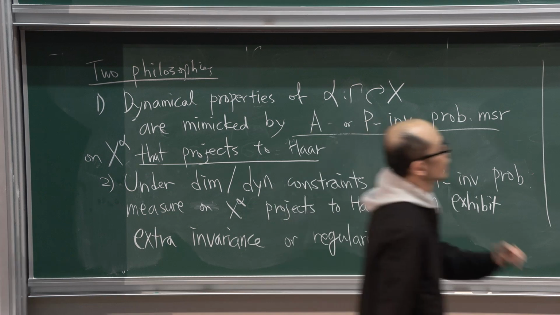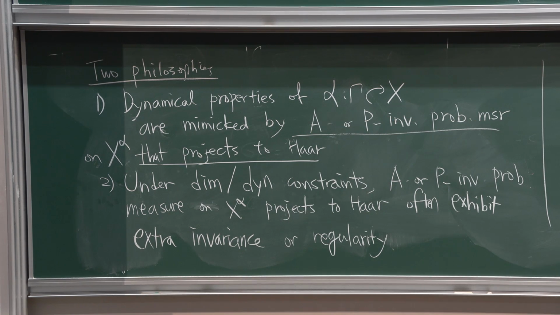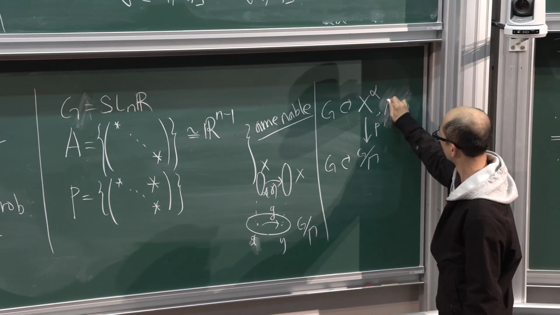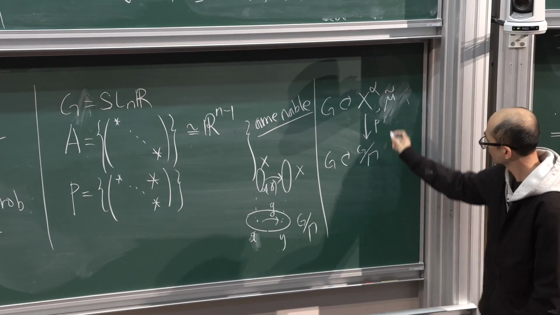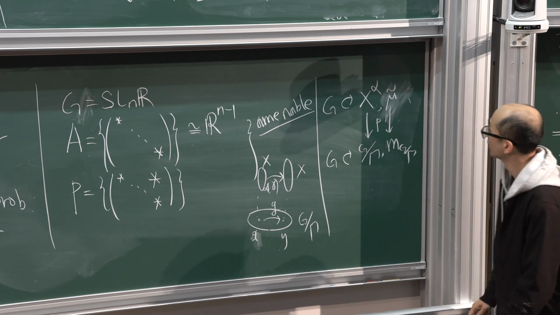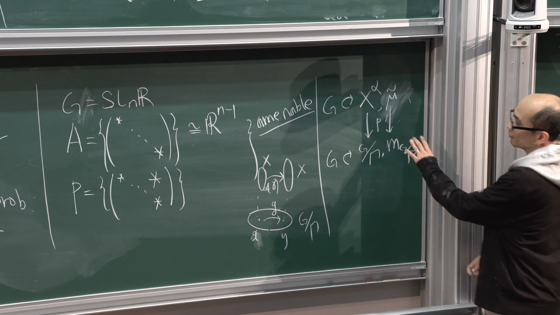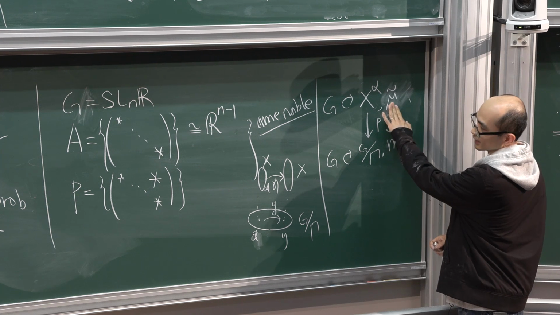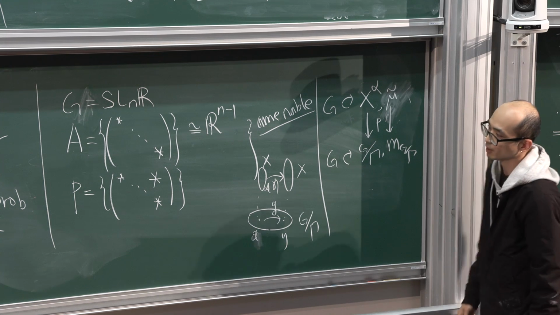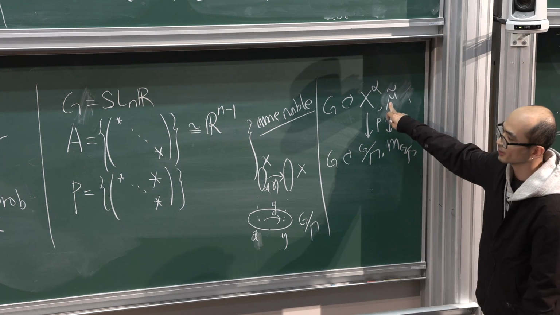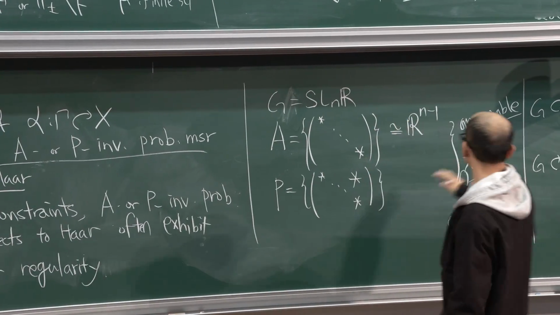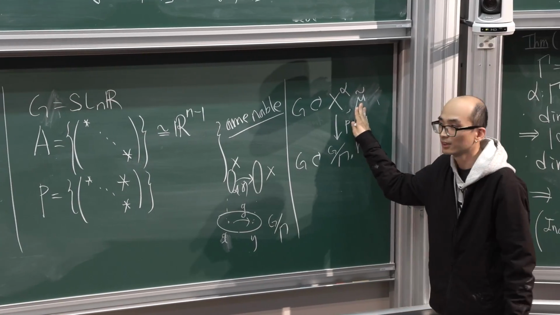So I want to start with a measure on X_alpha, let's say mu tilde, that projects to Haar measure on G mod gamma. If I choose the right measure, which is A or P invariant, and that mimics some dynamical property, then by the second philosophy this measure should be very regular.